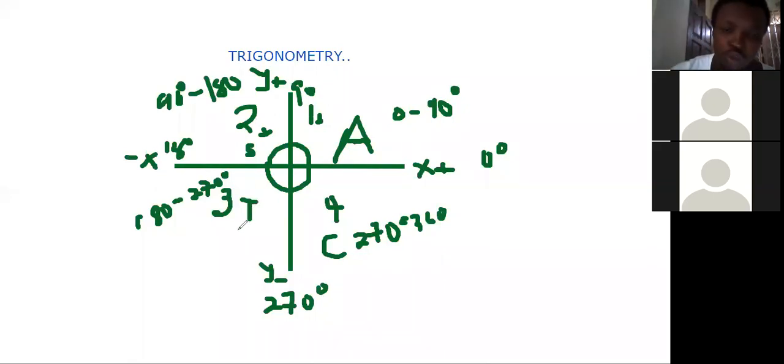Now, when you come to any angle that is greater than 180 but less than 270, if it is tan, then it should be positive. But apart from tan, if you use cos or sine, it should be negative. So you can check tan 185.